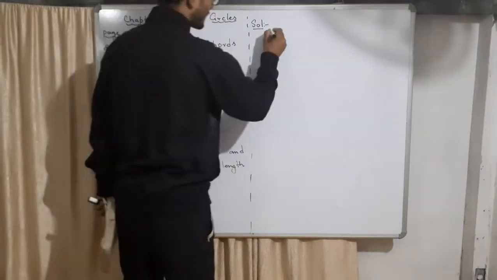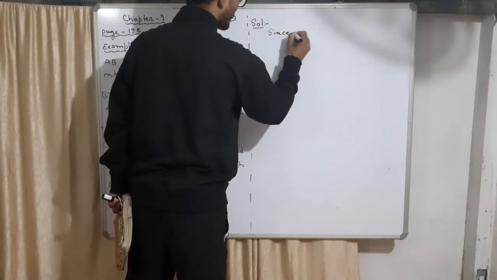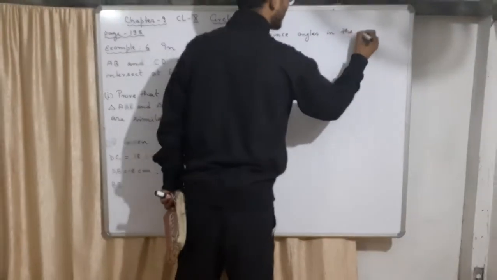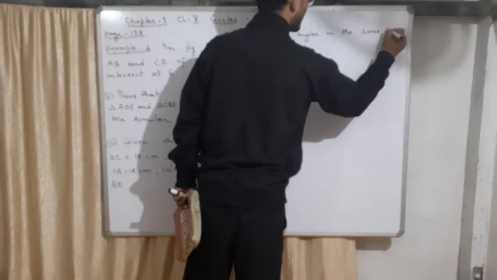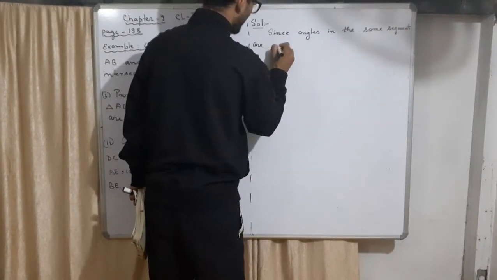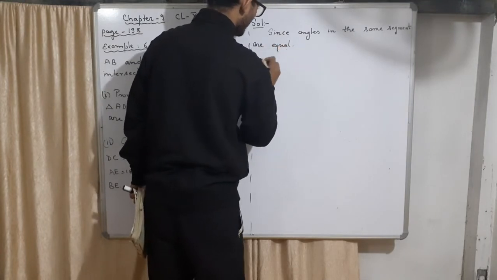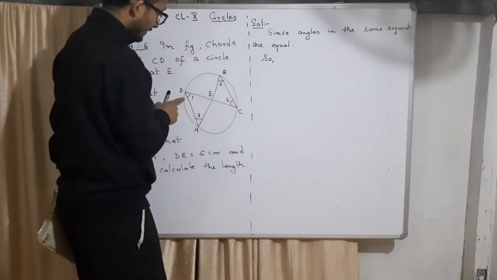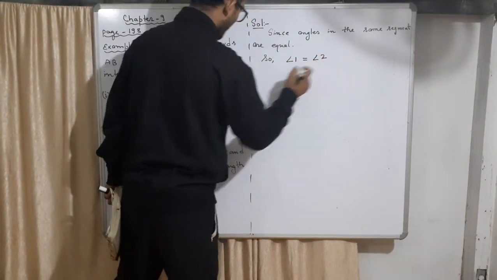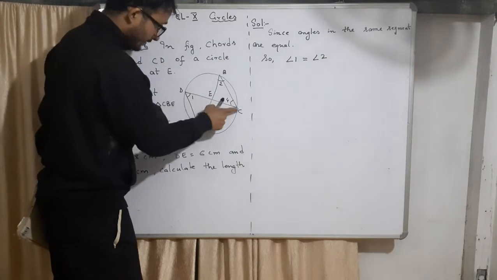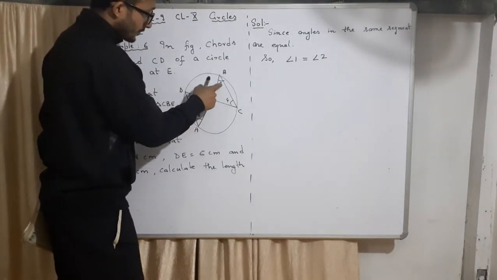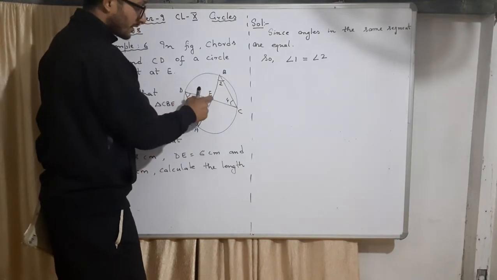So what you write is, since angles in the same segment are equal, this will allow me to write angle 1 equal to angle 2. What is angle 1? Angle 1 means ABC, or you can say ADE also, same. Angle 2 is CBE, or you can say EBC also.